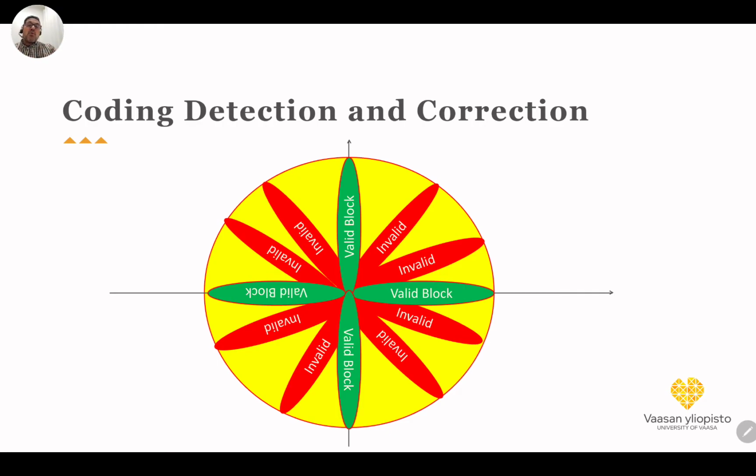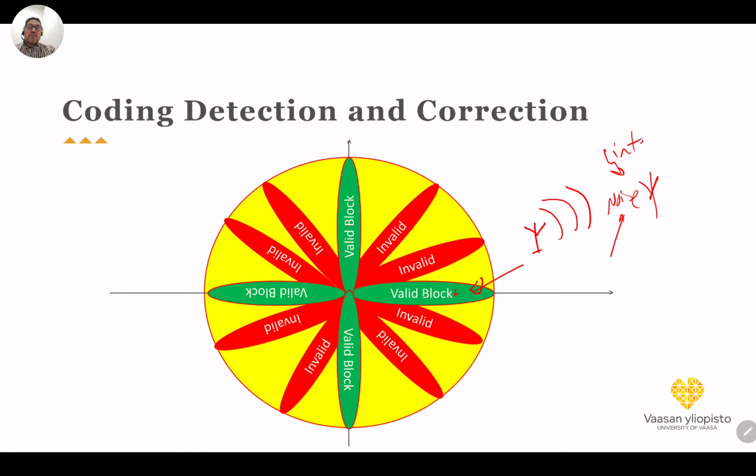Okay, now assume that you send this valid block, that this was transmitted. At the receiver side, because of interference, because of noise, because of fading, as we will see in the next part when we talk more about channels, there was a one-bit error in this block.